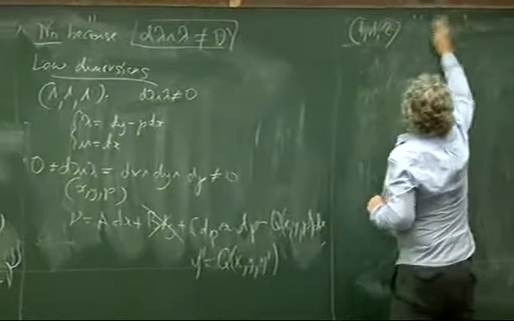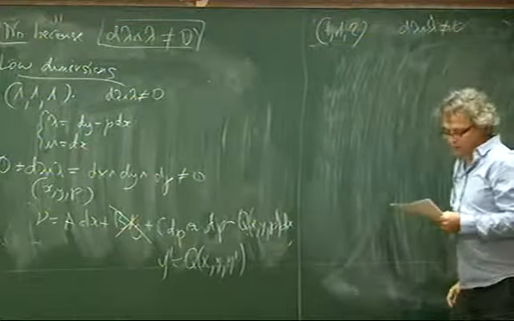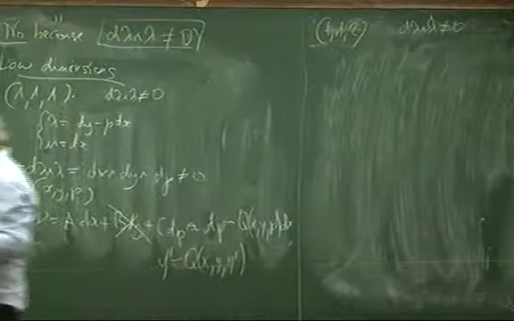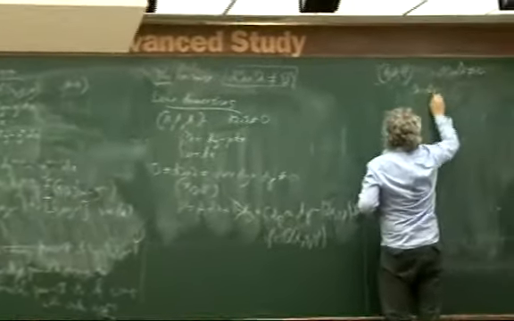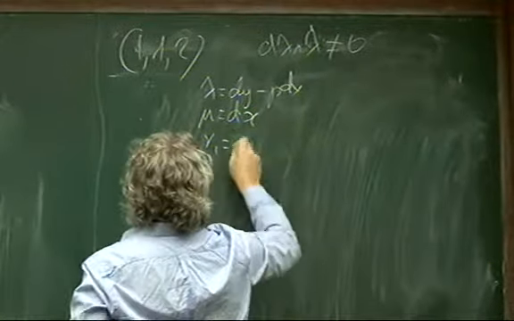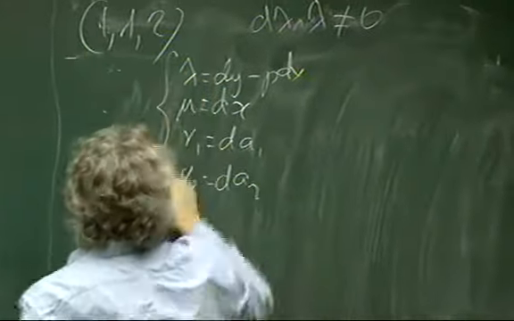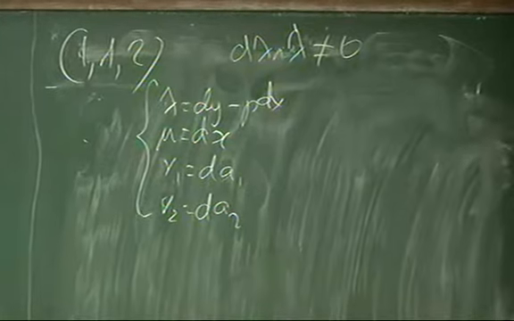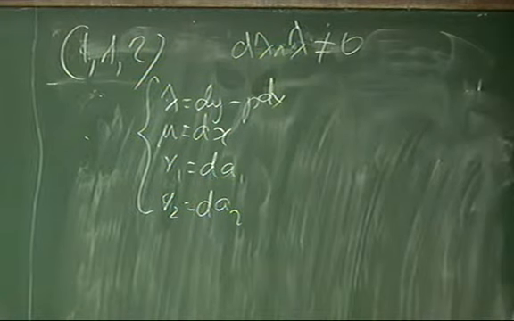So again, I assume that dλ, with λ not equal to 0, I can use my representation here, in which λ is dy minus p dx, μ is just dx, μ1 is dA1, and μ2 is dA2. And now the question is whether I am able to use my transformation in such a way and change the coordinate system in such a way that I put it in the canonical form.